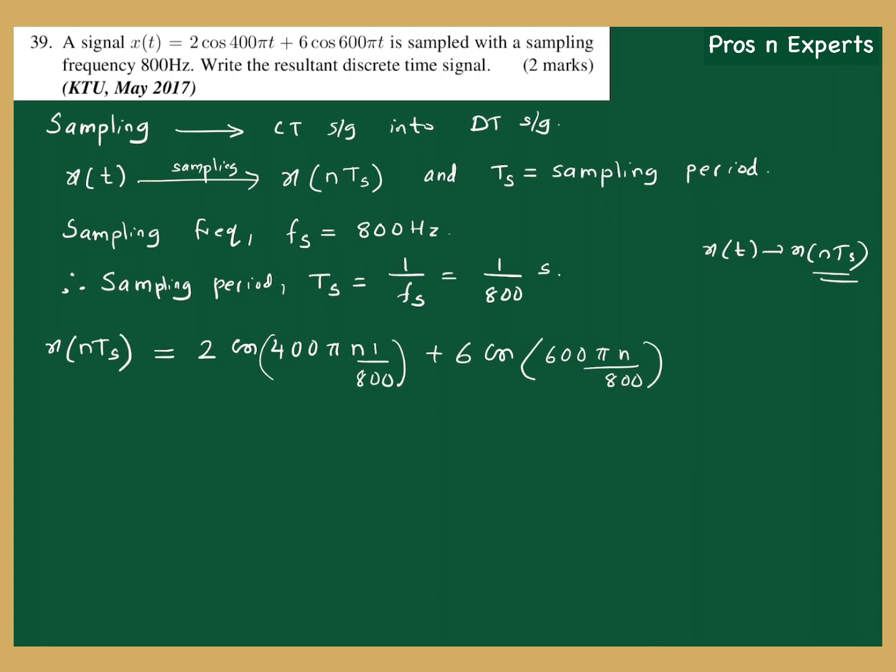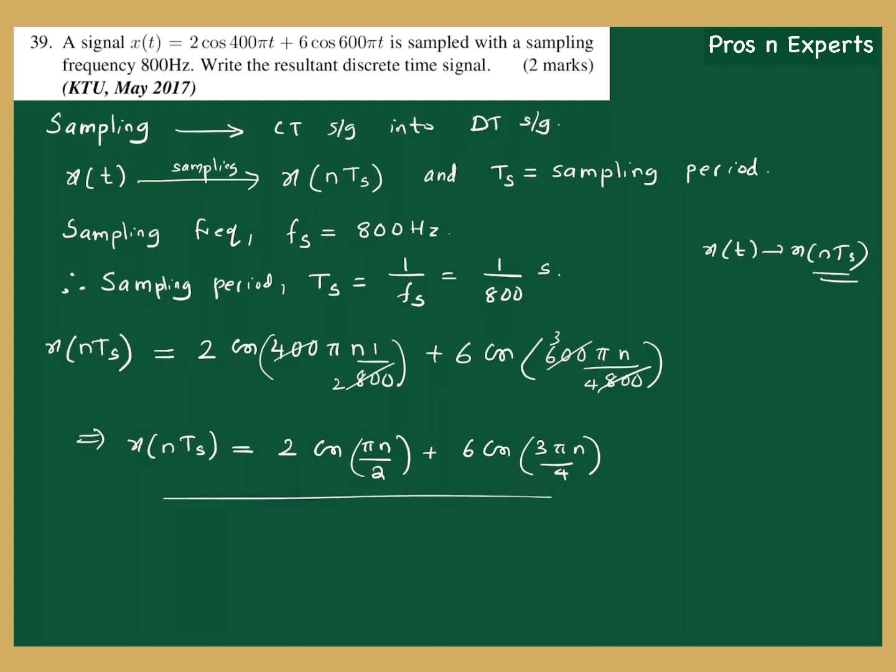After a little simplification, what you get is x of nts, or x of n by 800, equal to 2 cos pi n by 2 plus 6 cos 3 pi n by 4. So this is the final answer.